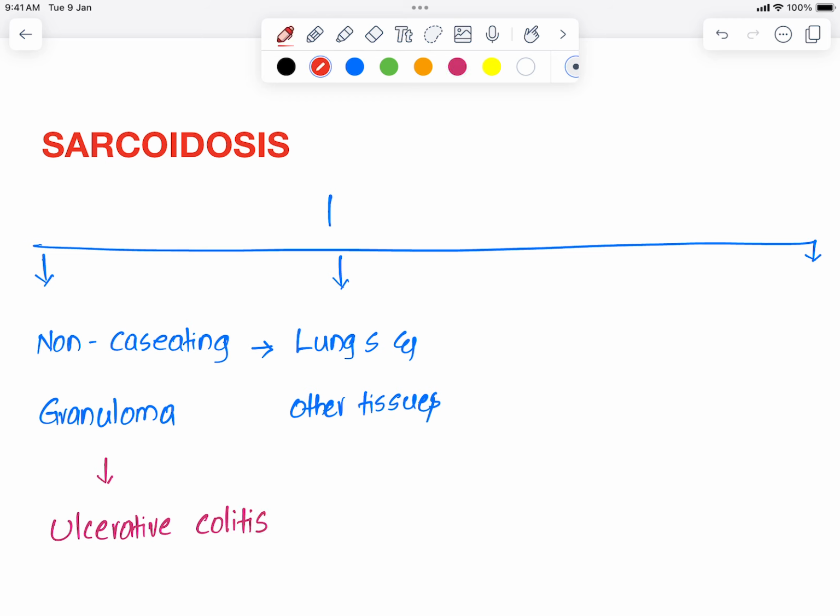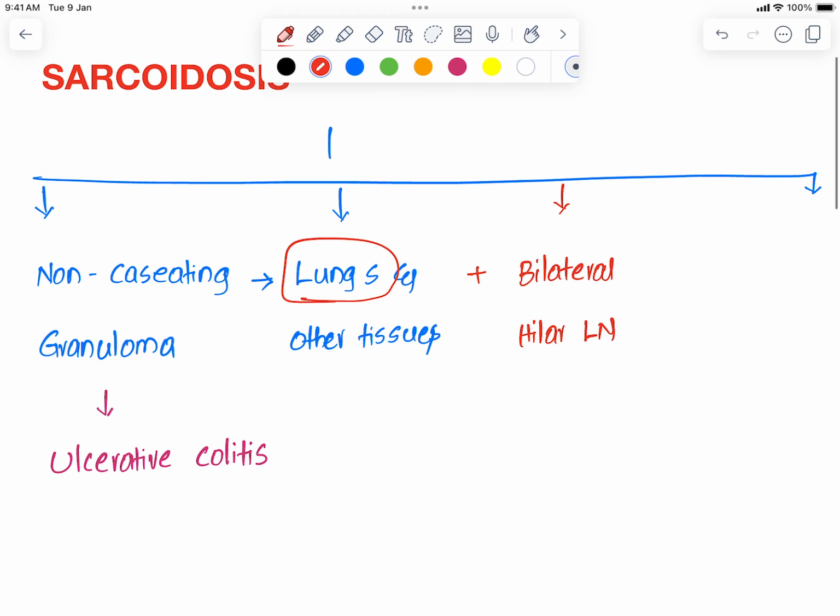And if there is non-caseating granuloma in the lung, along with bilateral hilar lymphadenopathy, that is very much suggestive of, or strongly favors, sarcoidosis.